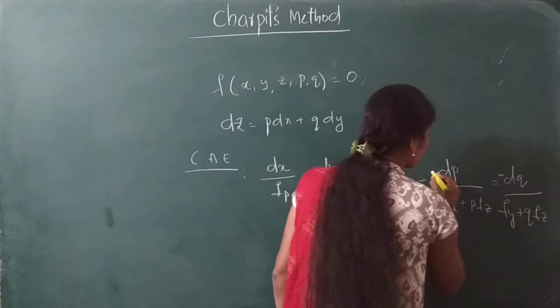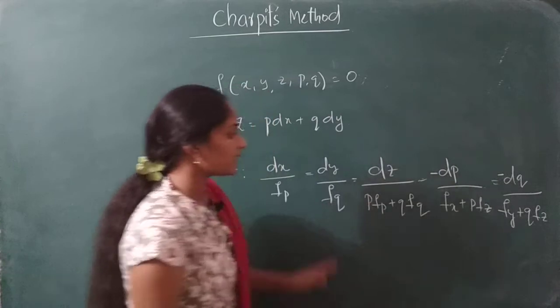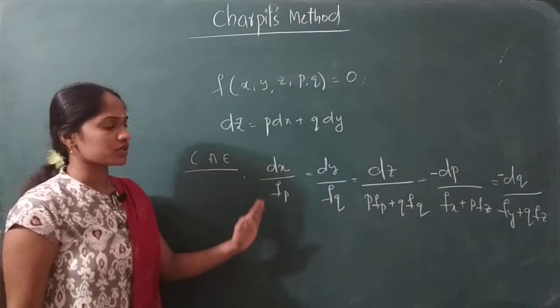Here both are minus terms. So this is your Charpit's auxiliary equation.